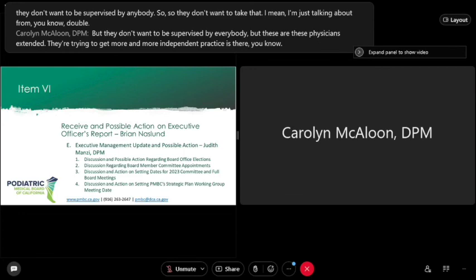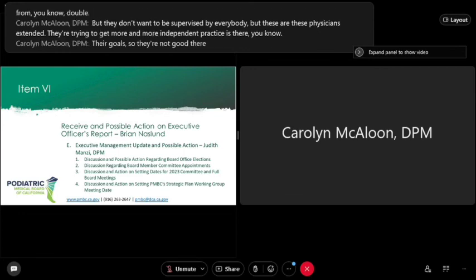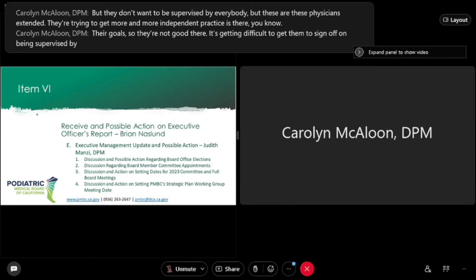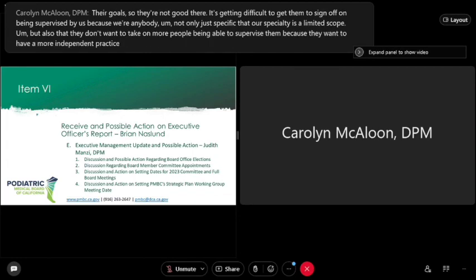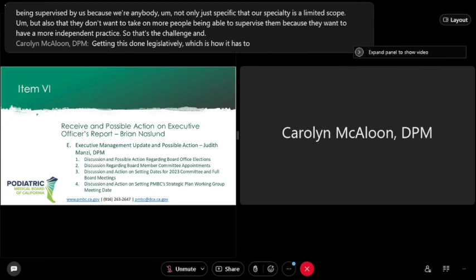So it's getting difficult to get them to sign off on being supervised by us, not only because our specialty is a limited scope, but also because they don't want more people being able to supervise them. So that's the challenge in getting this done legislatively, which is how it has to be done. They're not on board. Got it.